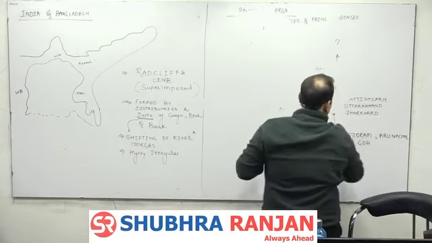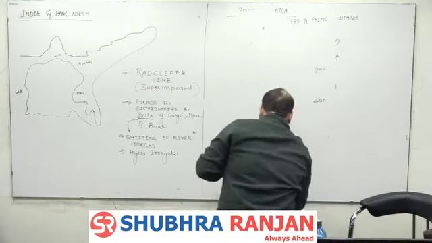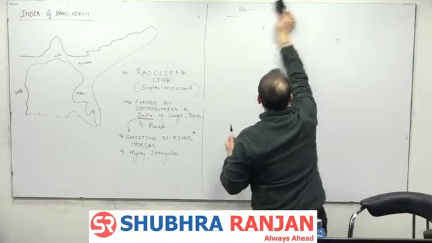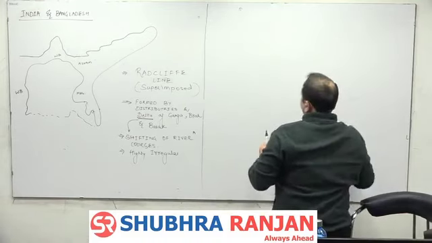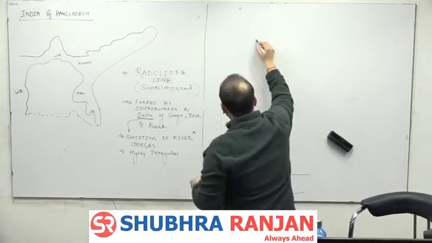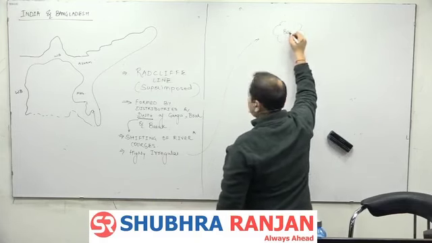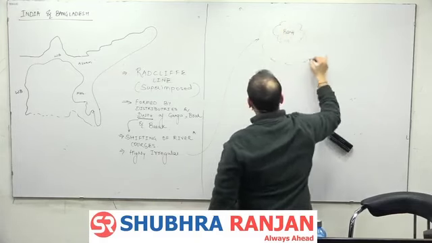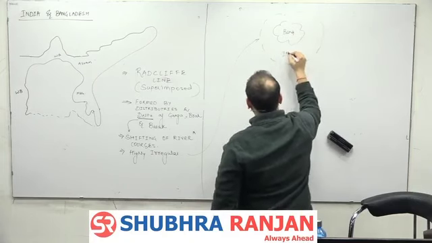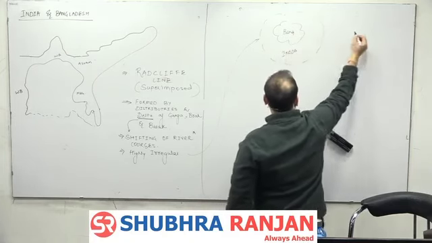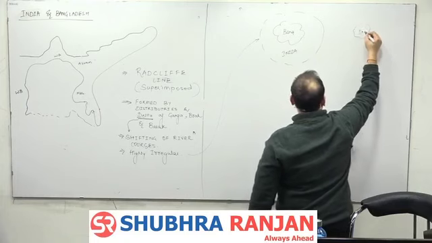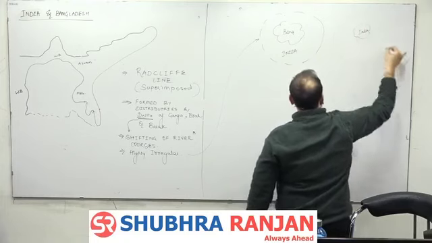But in reality, this boundary line is so irregular that some parts of Bangladesh were surrounded by India, and some parts of India were surrounded by Bangladesh.